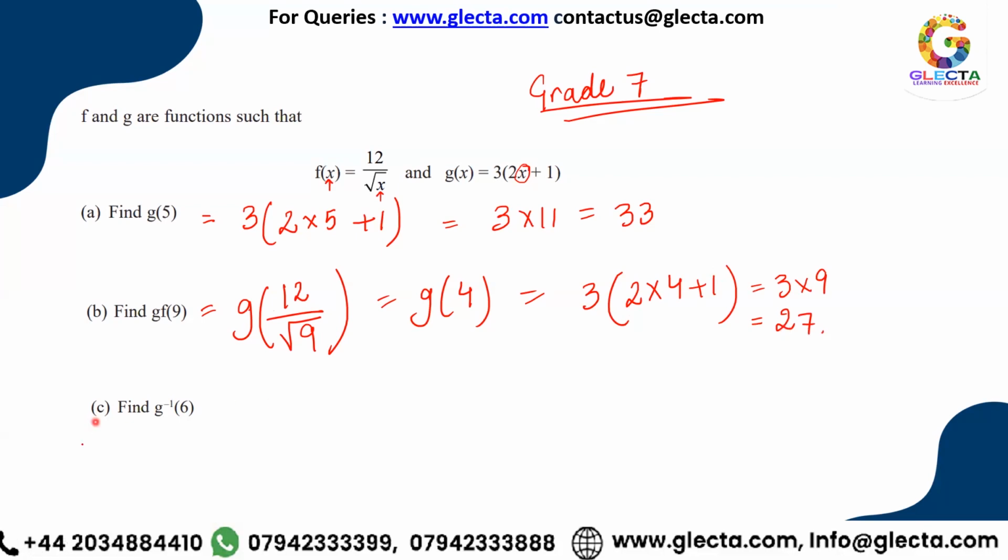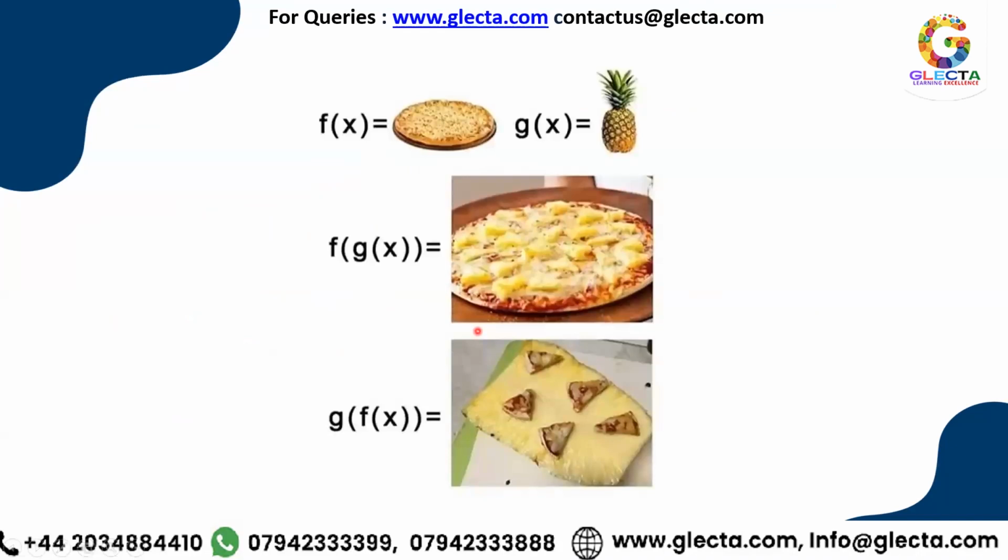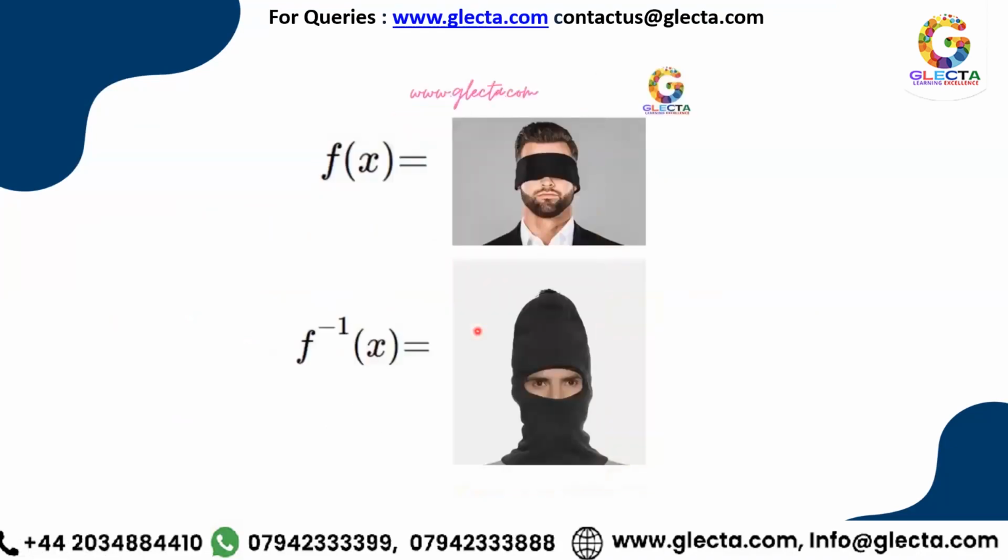The next one, C part, inverse of functions. Now, technically, what do we mean by inverse? This, right? So our function, when we are blindfolded, what is the inverse of it? Only the eyes are visible over here and everything else is covered. So that's inverse. Technically, that's the meaning, no? In functions as well, it has the same meaning, right?